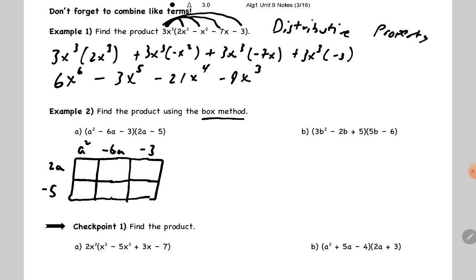Okay, so in each of these boxes, just like a multiplication chart, I'm going to multiply them together. So for example, in this first box in the top left, I have 2a times a squared. So that's going to be 2a cubed.